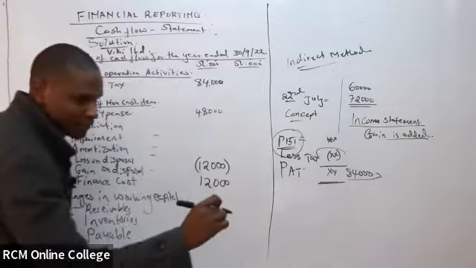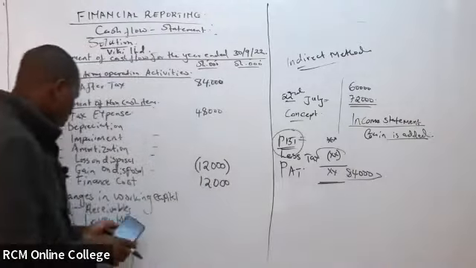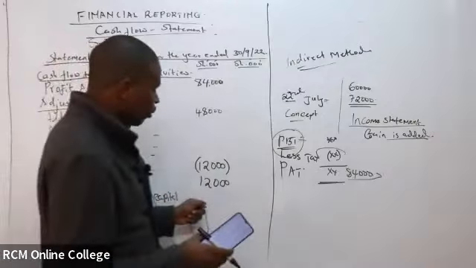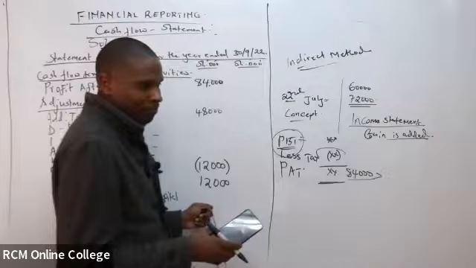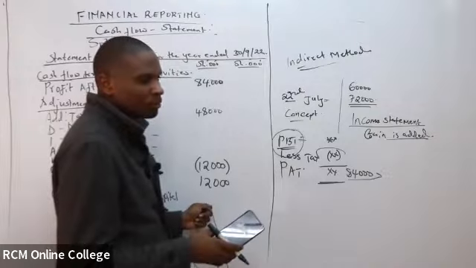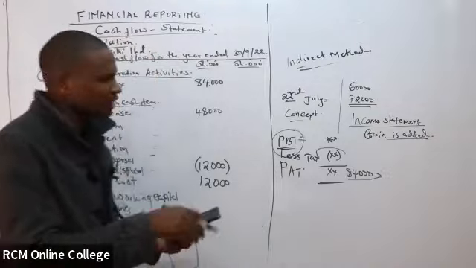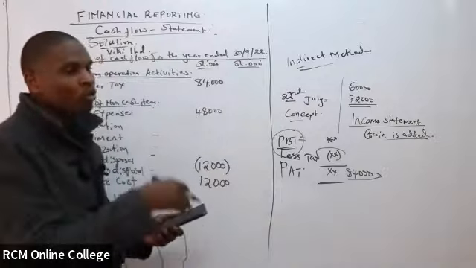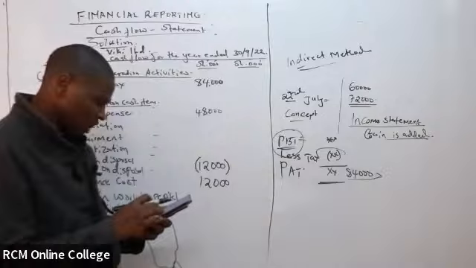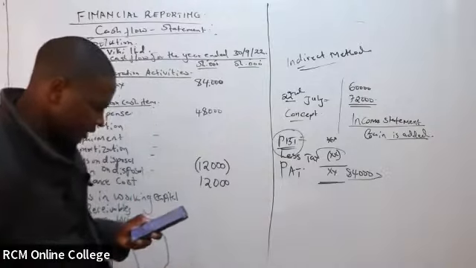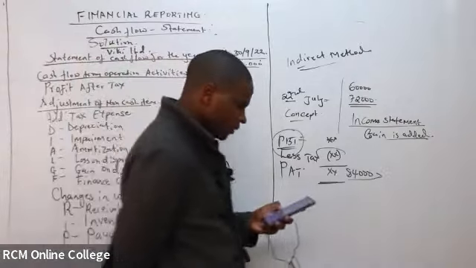Now, I want somebody to tell me what I should record under receivable. Just compute everything and tell me what to record, and then we compare. I just go to where I have current assets, and then I see my account receivable.